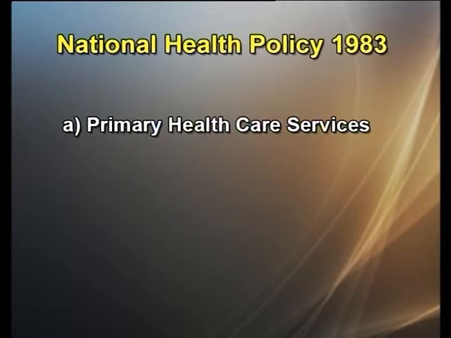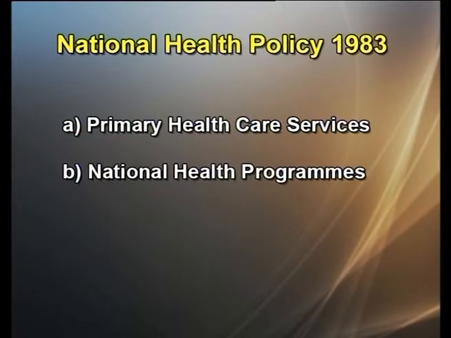Two important targets that the country was set to achieve before the turn of the century in the area of health and family welfare were health for all and population stabilization by reaching net reproduction rate of unity. To this end, A. Primary health care services and B. National health programs had been augmented.